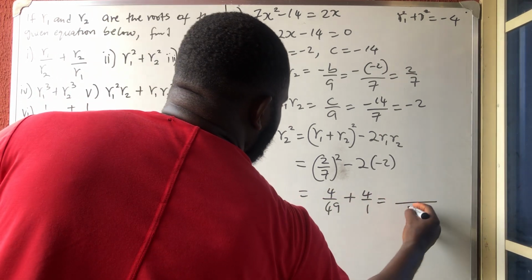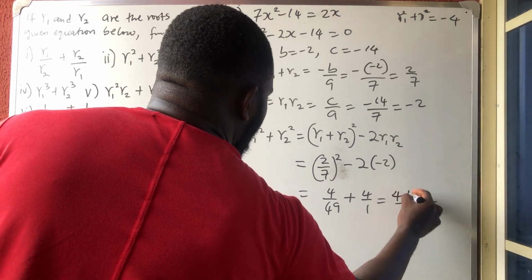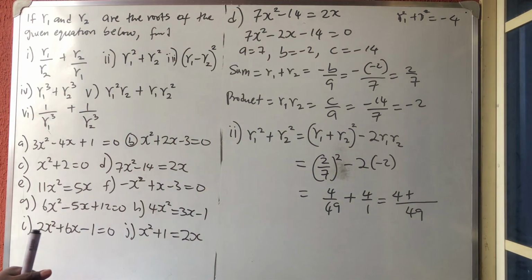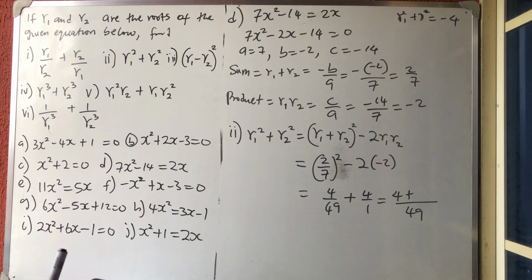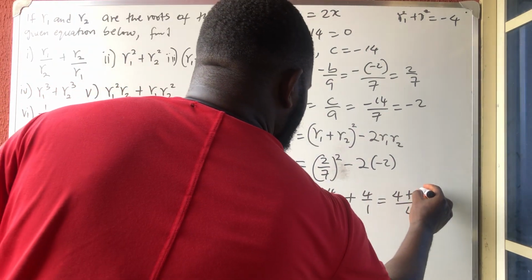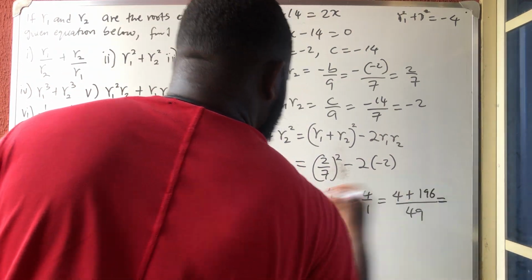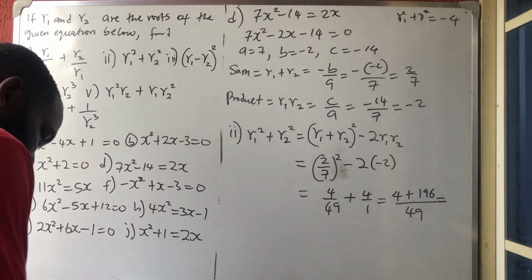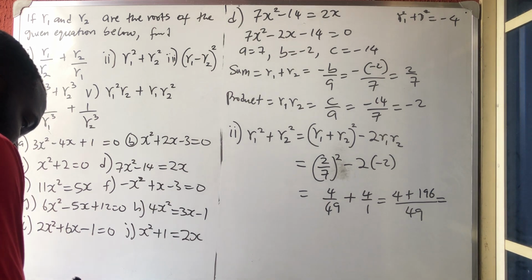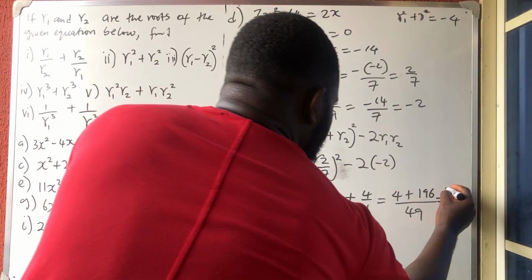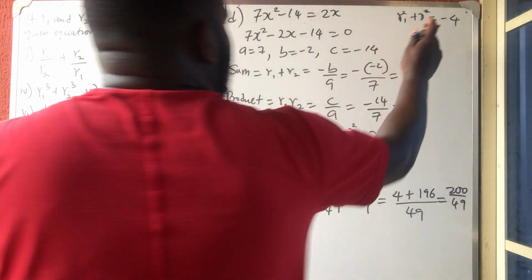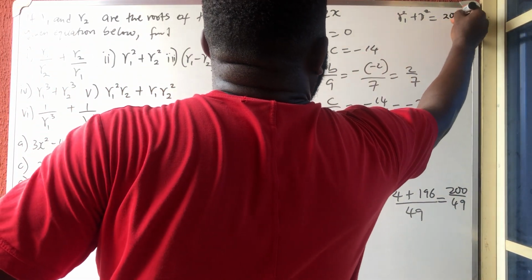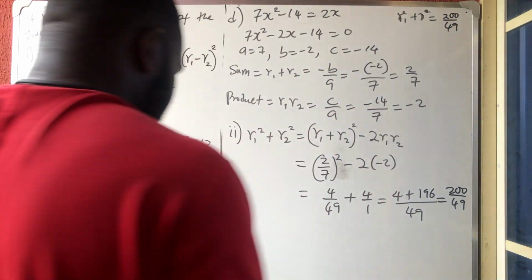So the LCM is 49. I'm having 4 plus 49 times 4, so 196, which is giving me, if you add it to plus 4, 200 over 49. So I have to write it somewhere that I got it as 200 over 49, because I'm still going to use it.